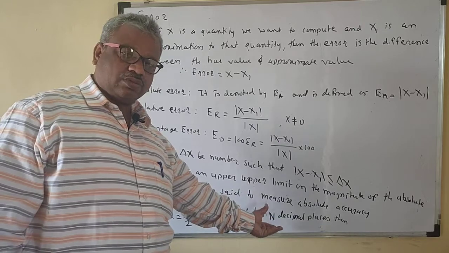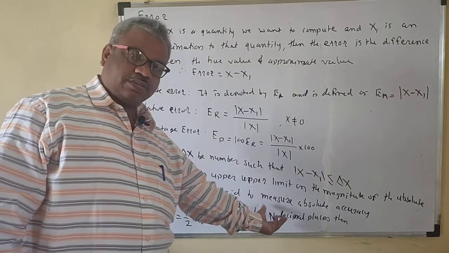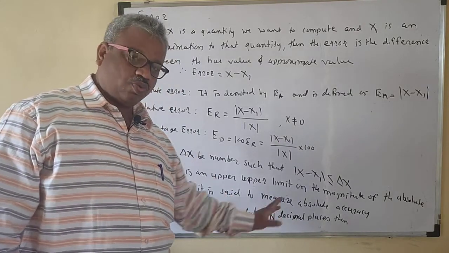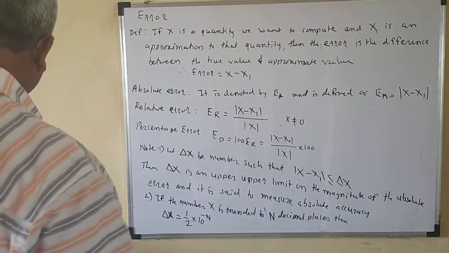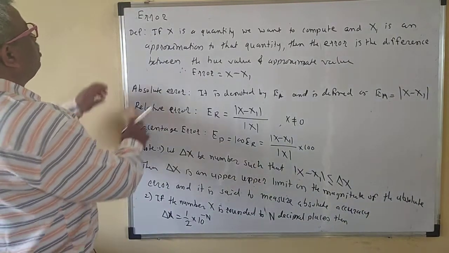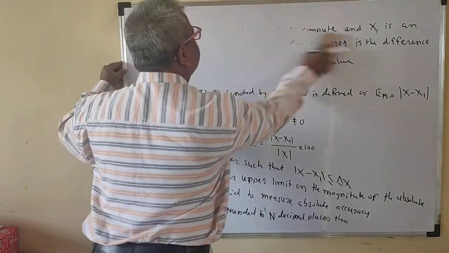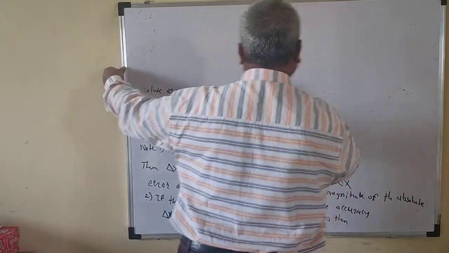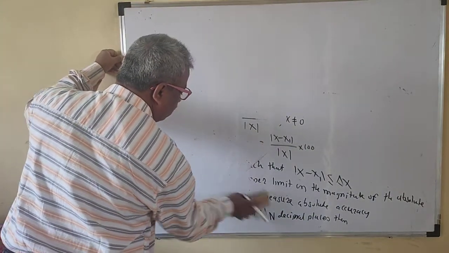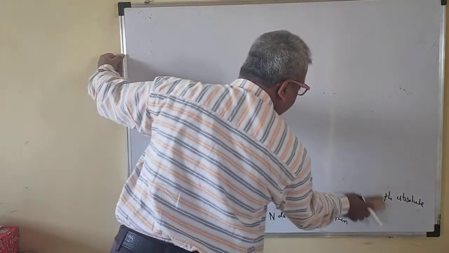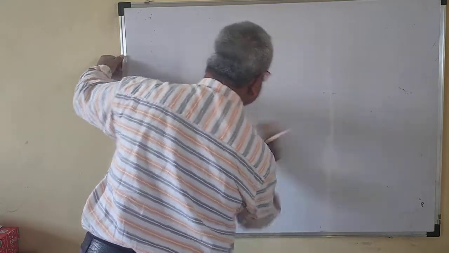You only have to remember these formulae: error, absolute error, relative error, and absolute accuracy.